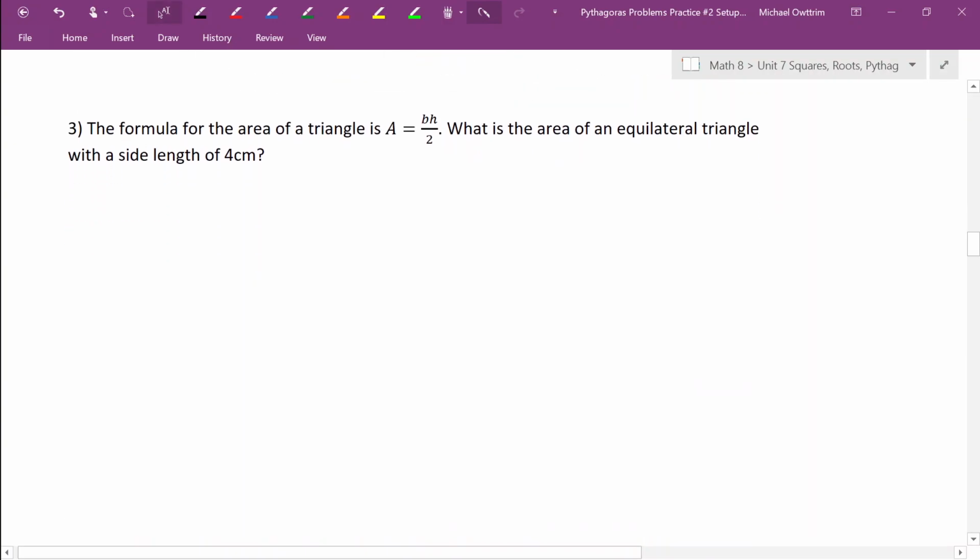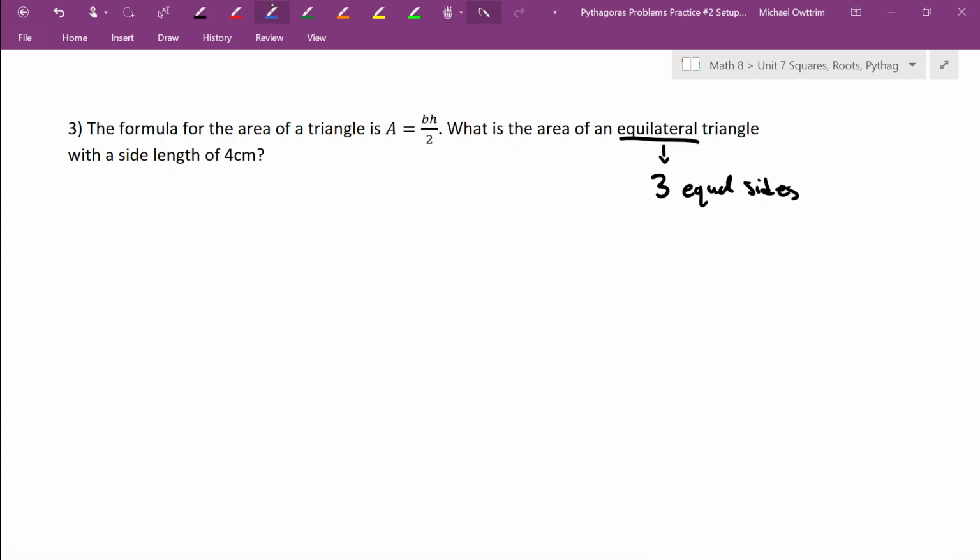In question 3, we're told that the formula for the area of a triangle is area equals base times height divided by 2, and we want to know the area of an equilateral triangle with a side length of 4. So first thing I'm going to remember from elementary school is that an equilateral triangle has all the same sides, or 3 equal sides.